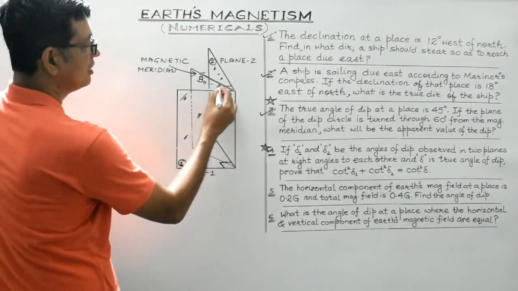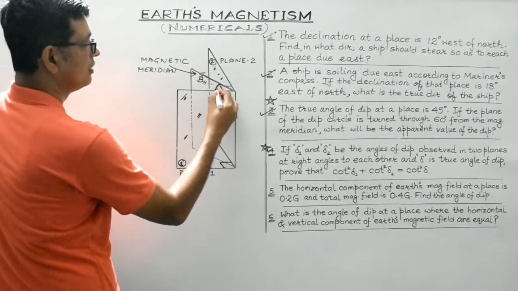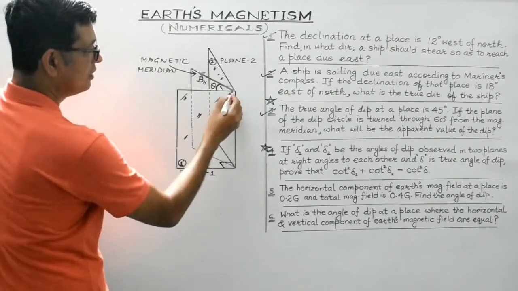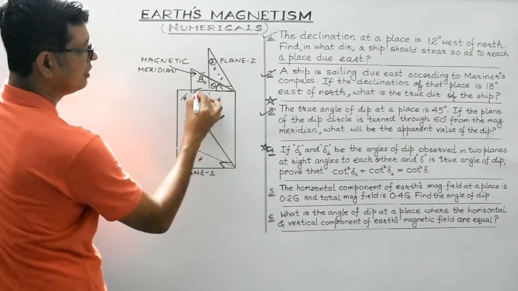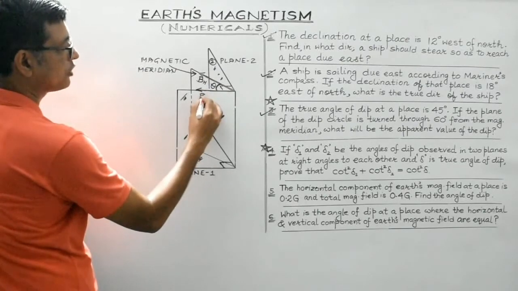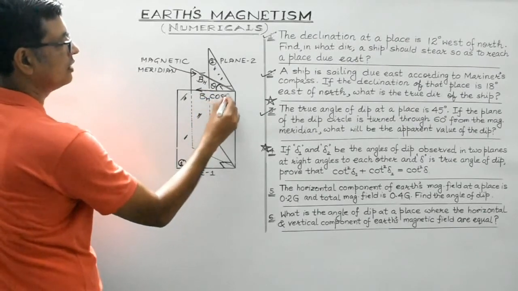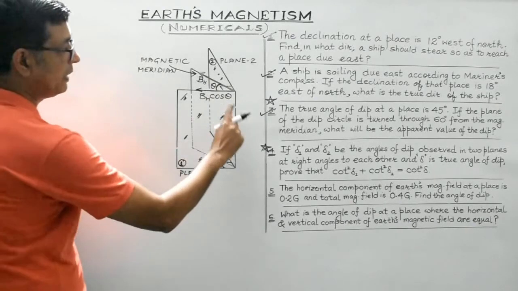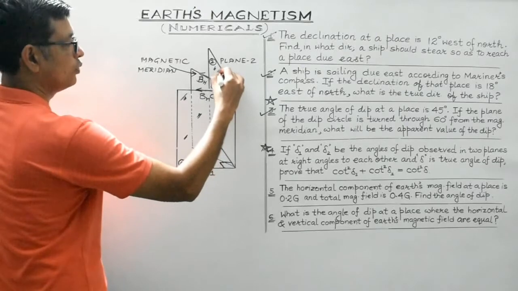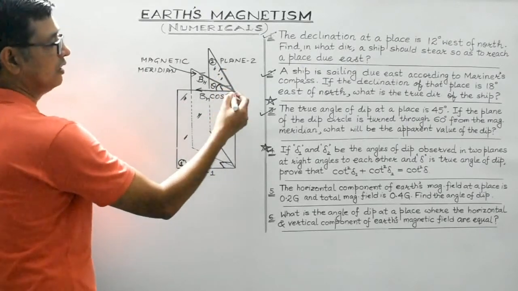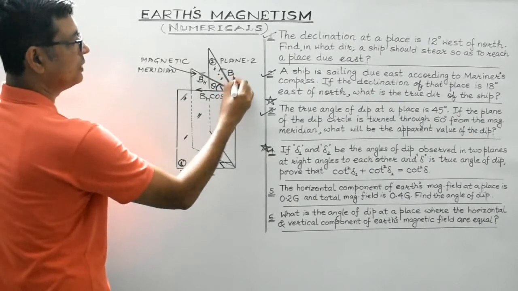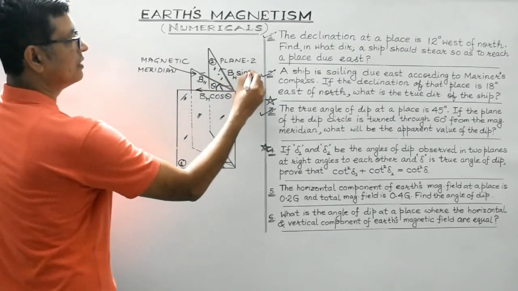Now, if we consider this to be making an angle theta with plane 1, then in plane 1, the horizontal component would be BH cos theta, isn't it? While in plane 2, what will be the horizontal component? The angle between these two is 90 degree. So in plane 1, if it is BH cos theta, in plane 2, the horizontal component is BH sin theta.